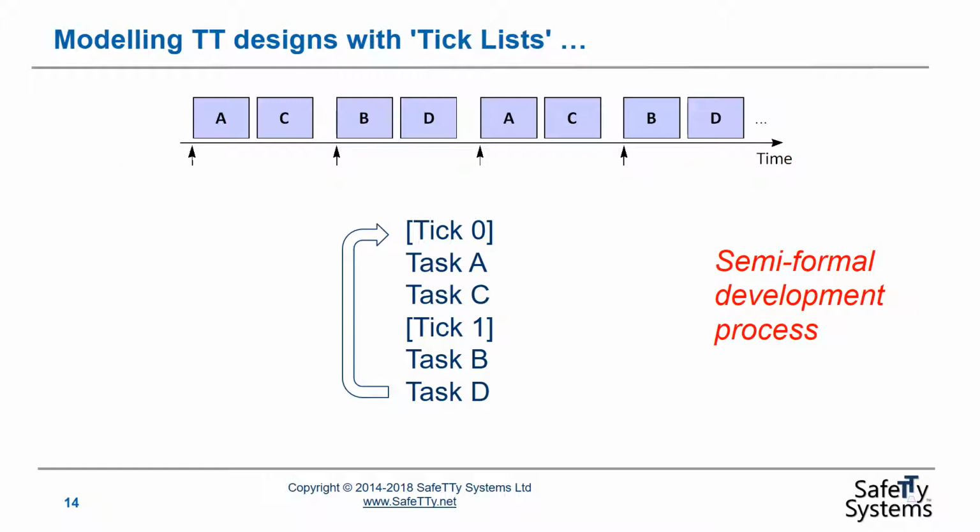In practice, the tick list will probably be represented as a text file that looks something like this. In this simple design, this represents the entire hyperperiod. That is, the interval before this set of periodic tasks begins to repeat itself. So the hyperperiod runs task A, task C, task B, task D, and then the task sequence repeats itself in this design.